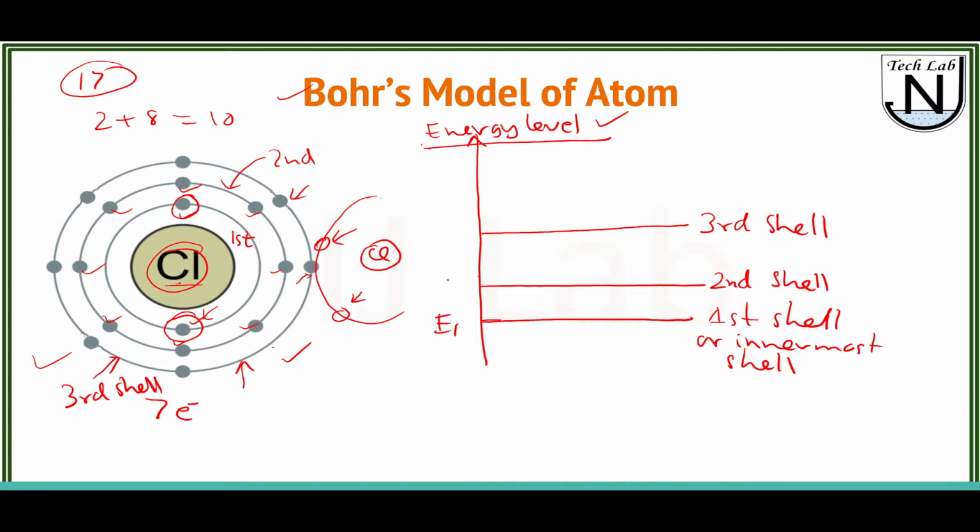Now over here, E1, E2 and E3 each have a single value. Suppose the value of this is 0 electron volt. At the atomic level we talk about energy in terms of electron volt, EV meaning electron volt, right?